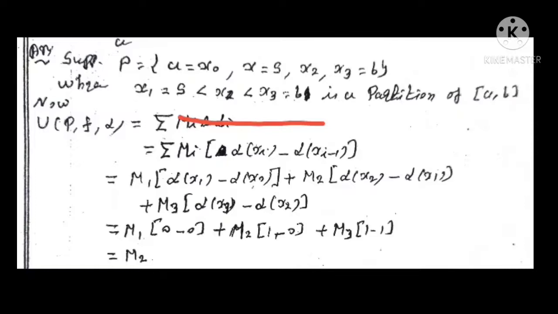Now upper sum of f with respect to P and alpha on closed interval [a, b] is equal to sigma Mi delta alpha i, where delta alpha i is equal to alpha xi minus alpha xi minus 1, is equal to M1 (alpha x1 minus alpha x0) plus M2 (alpha x2 minus alpha x1) plus M3 (alpha x3 minus alpha x2).